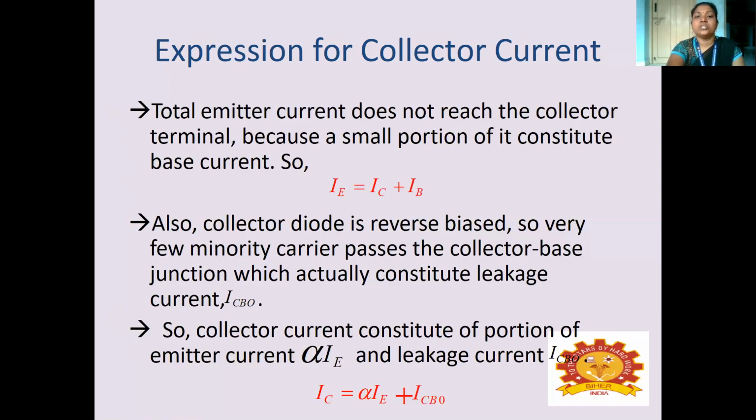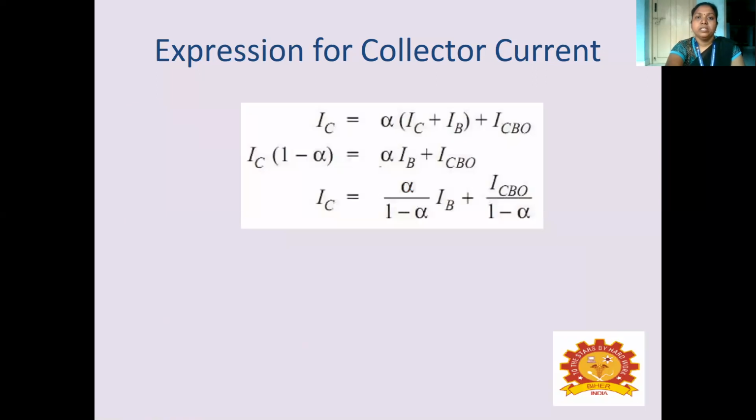So the collector current constitutes a portion of the emitter current, that is alpha IE, and a very small leakage current that we call the saturation current ICB0. So the collector current is equal to alpha IE plus ICB0. Expression for collector current we will see here: IC is equal to alpha into (IC plus IB) plus ICB0.